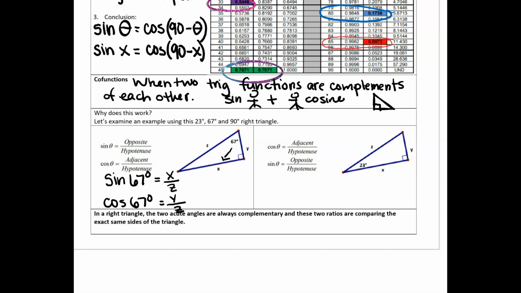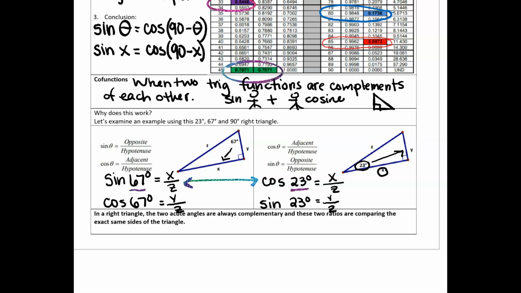Now, moving over to this next one, we are going to look at the 23-degree angle. So cosine 23 degrees is going to be adjacent over hypotenuse, and sine 23 degrees is going to be the opposite over the hypotenuse. Now, this is when you need to make the connection. If you now look across at these, sine 67 is x over z, and cosine 23 is x over z.